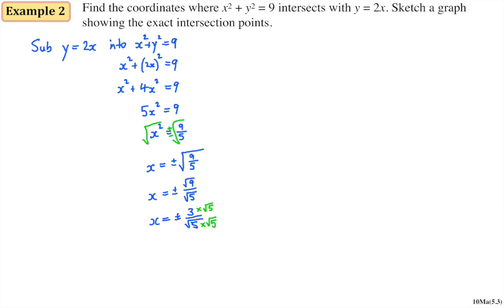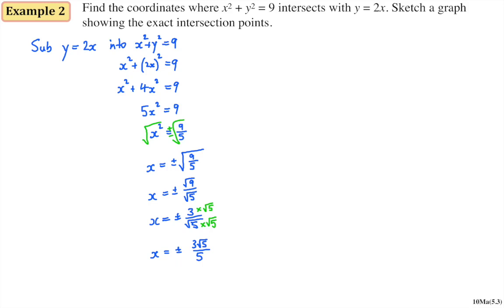And when we do that, you get x equals plus or minus 3 square root 5 over 5. There's a rationalized answer. Well, we now know that line meets that circle twice. It meets it once when x is plus 3 square root 5 over 5, and once when it's minus 3 square root 5 over 5.